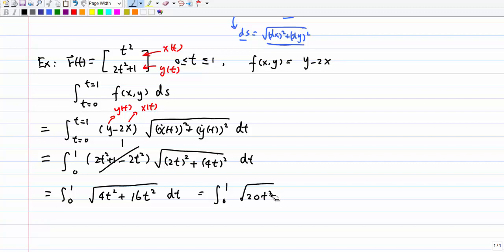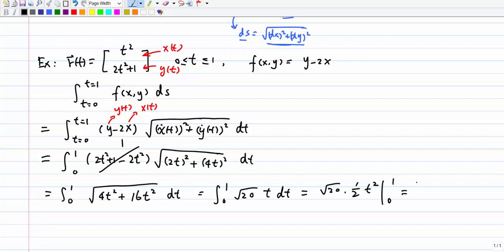Let's move the t outside, so it's just the square root of 20 times t dt, which is the square root of 20 over 2 times t squared from 0 to 1.